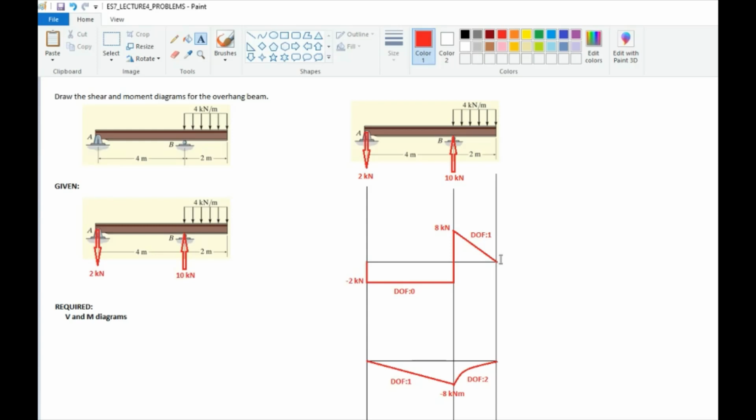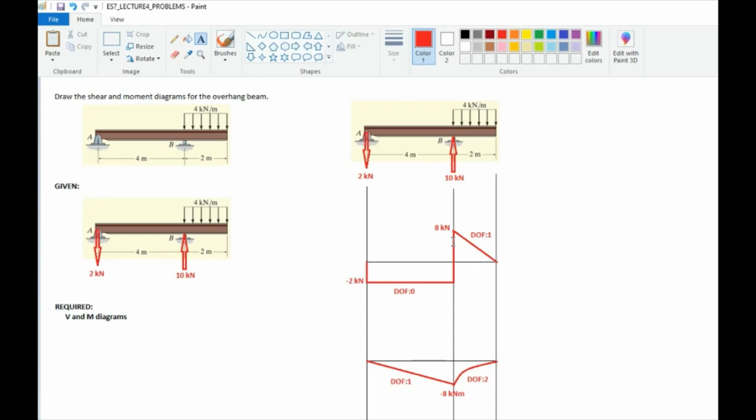Now, to draw the moment diagram, you get the area of your negative shear here. So, area is negative 2 times 4, so this is negative 8 kilonewton meter. Okay, so your degree of freedom went from 0 to 1. So, linear na siya dyan. And then, yung negative 8 kilonewton meter mo, dahil dito, sa part na to, positive yung shear, we will be adding this area here.